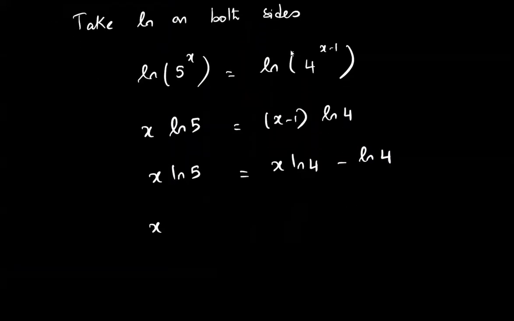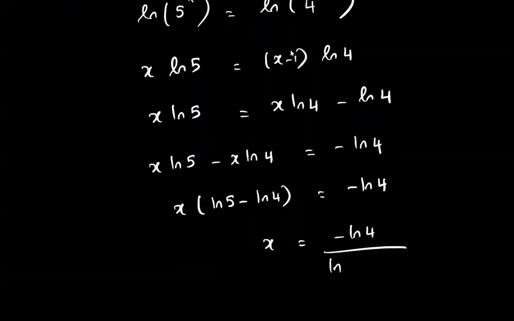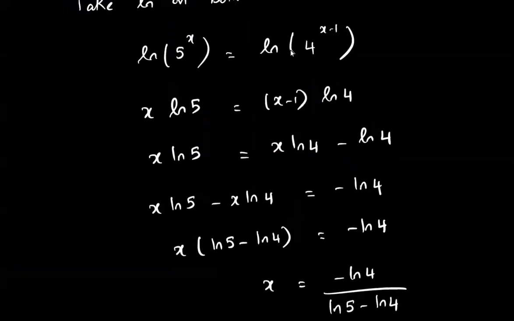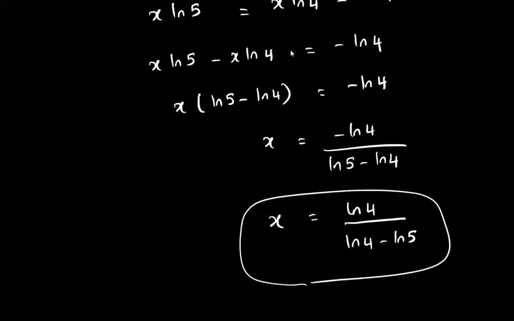I get all the terms with x over to one side and leave this number on the right side. I factor the x out, then I divide. And that's my answer. If you don't want a negative in the numerator, you can always flip it like so. And this is going to be my answer.